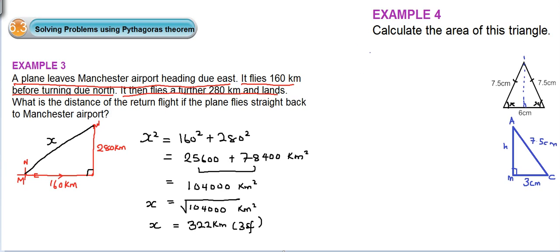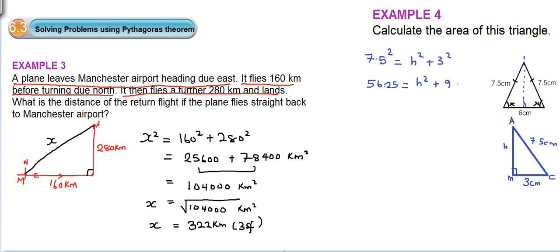That formula is 7.5 centimeters squared, 7.5 squared equals h squared plus 3 squared. 7.5 squared gives me 56.25 equals h squared plus 9.